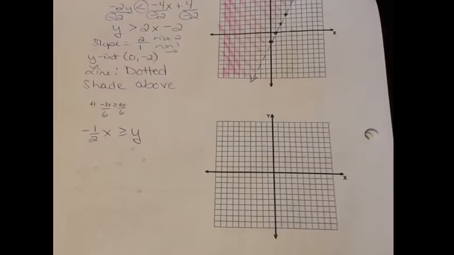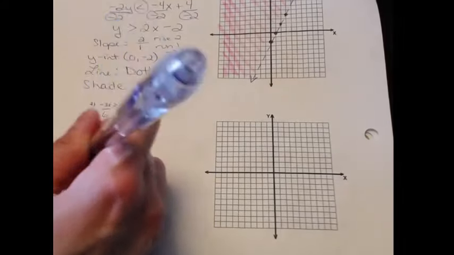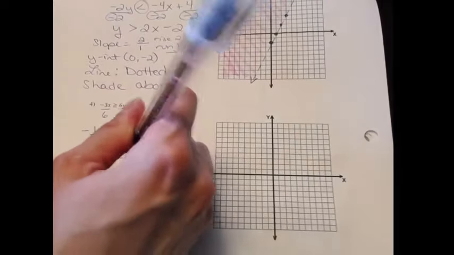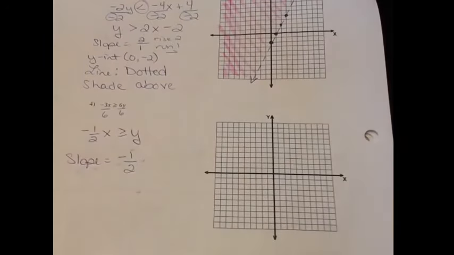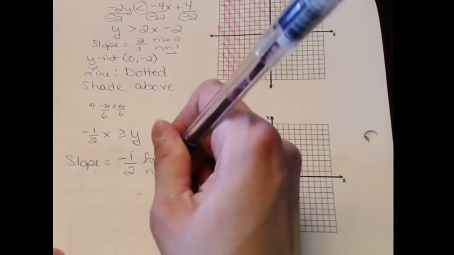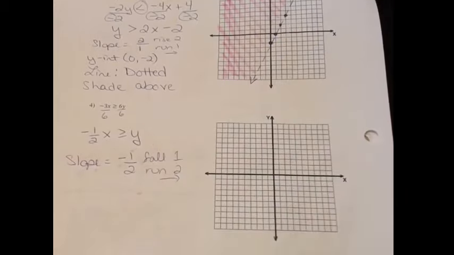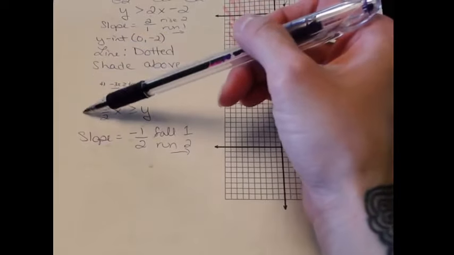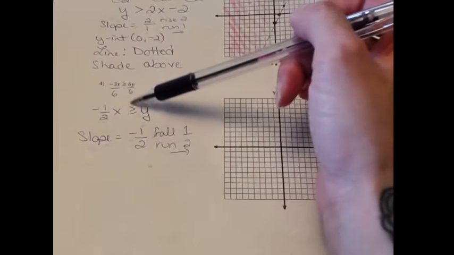Okay, I love it. Let's check this out. The slope in this case is, in fact, -1/2. Alyssa and Brittany, excellent. So we have -1/2 is our slope. So I'm going to say that this means fall 1, run 2. Because there is no b, think of this as +0.